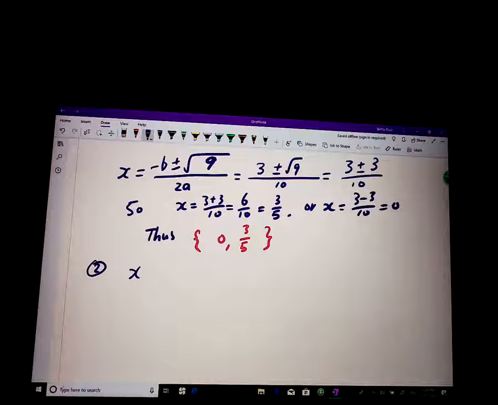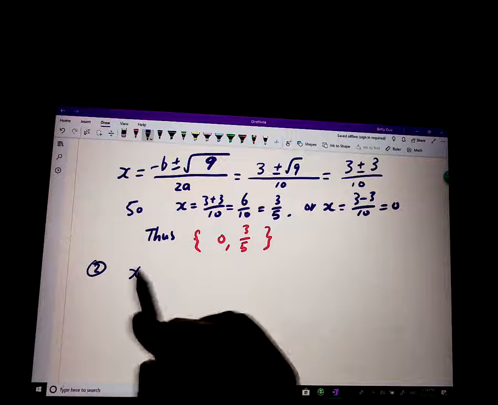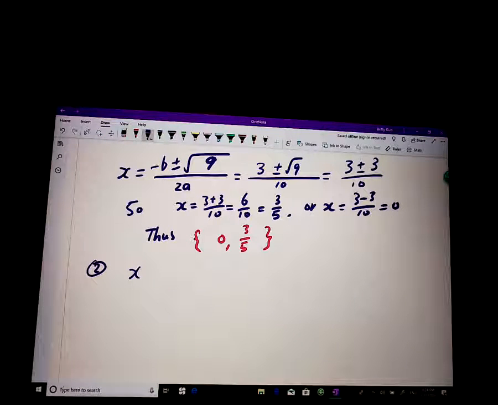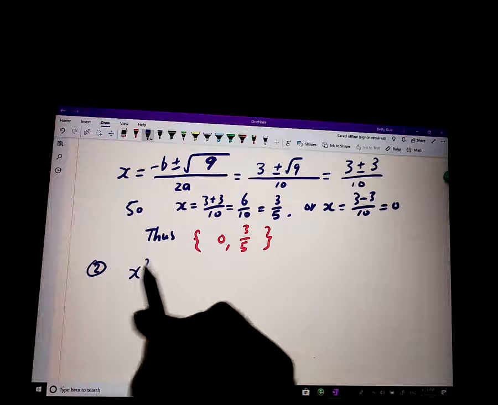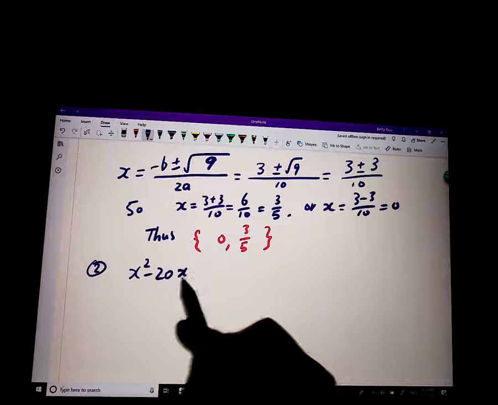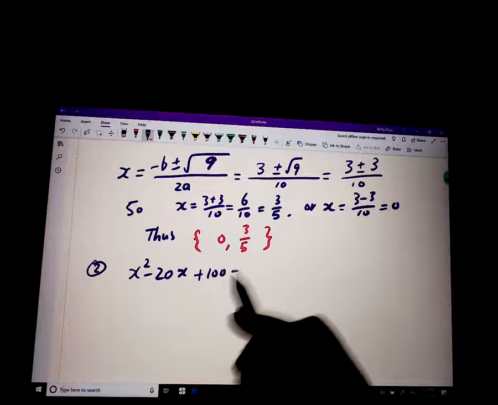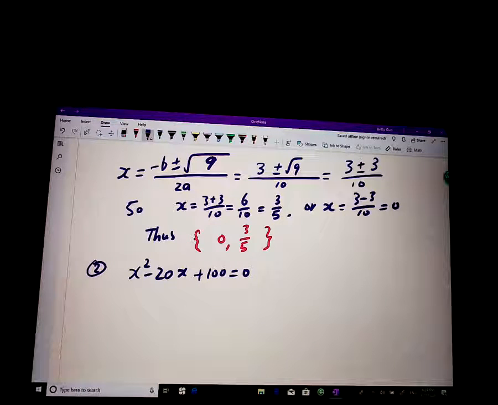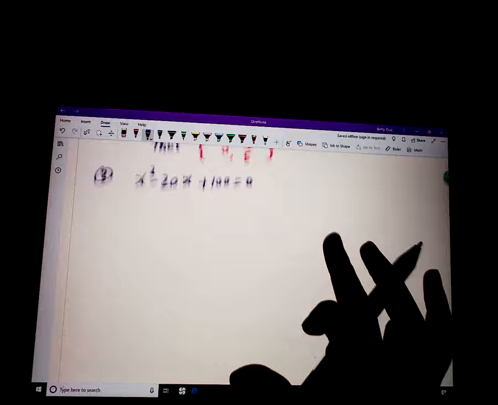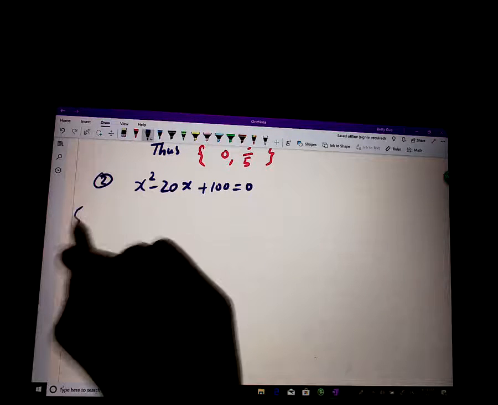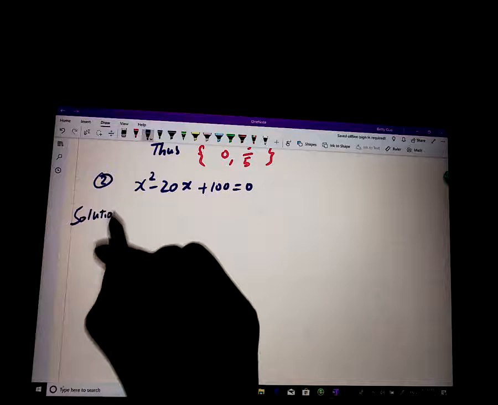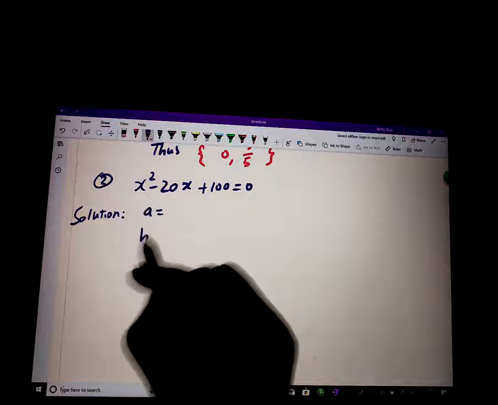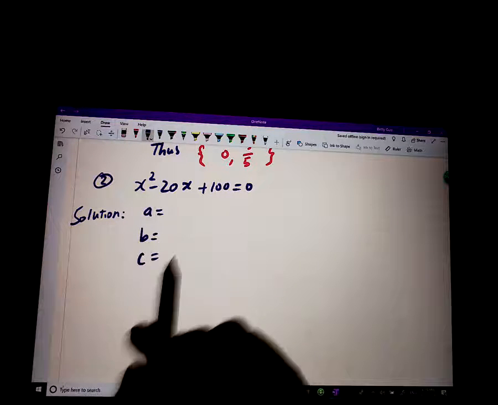So let's see this problem. X squared minus 20x plus 100 equals 0. It's in the standard form already, right? Then you tell me what is A, what is B, what is C. We have practiced this many times.